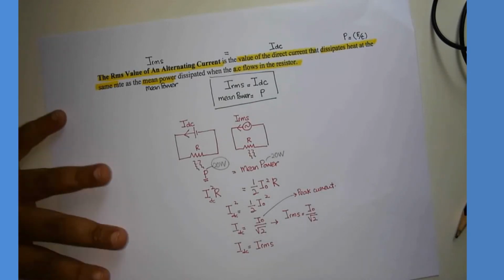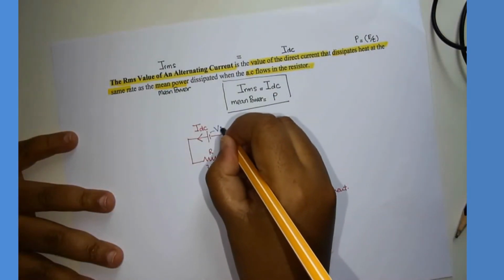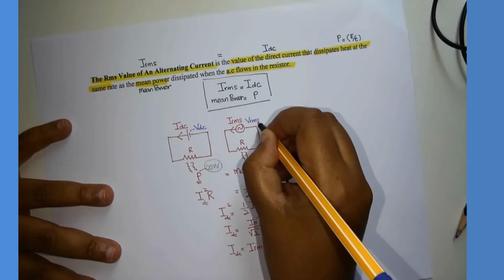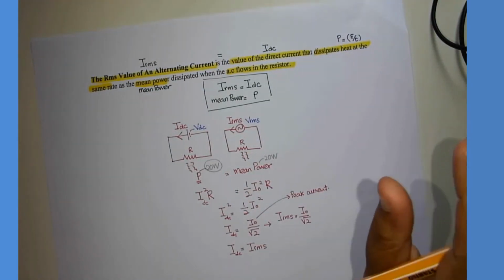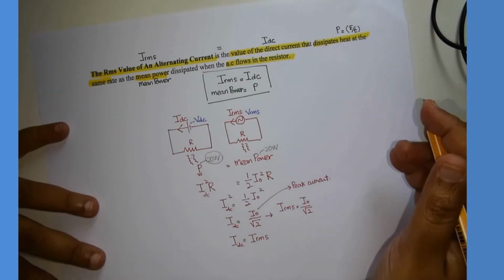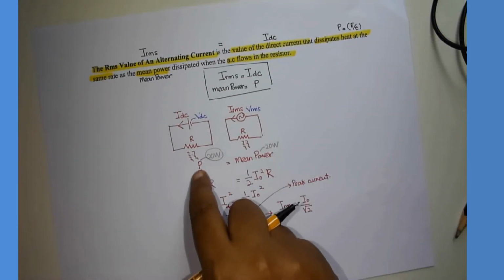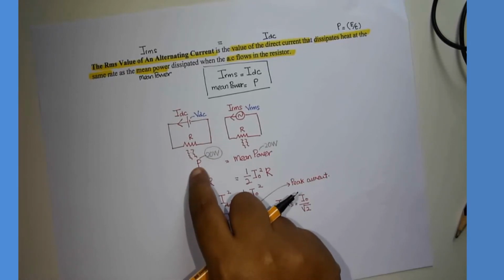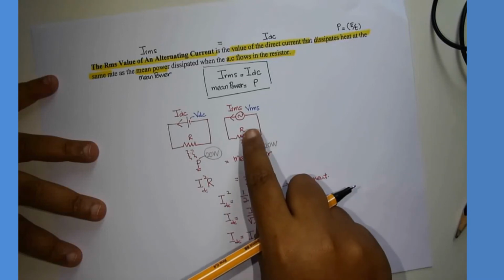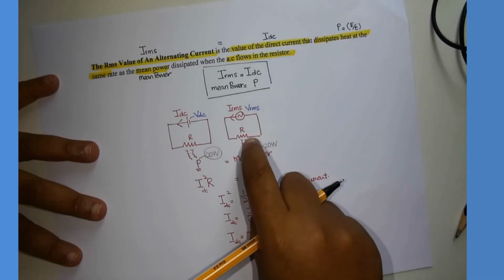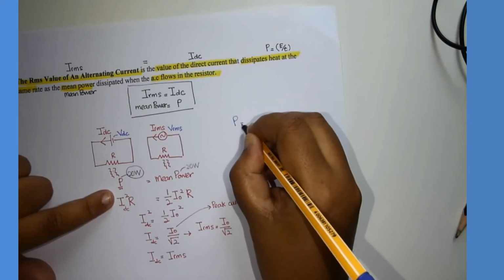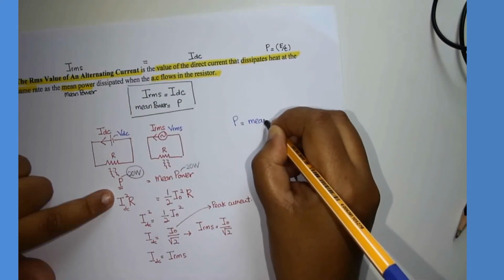The VDC, the voltage of a direct current, is the same as the VRMS of the AC, if the power dissipated at the DC is the same as the mean power dissipated at the AC. So P is equal to the mean power.